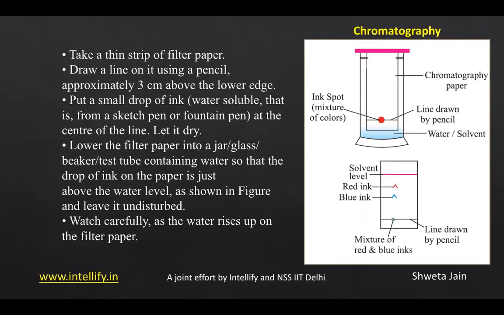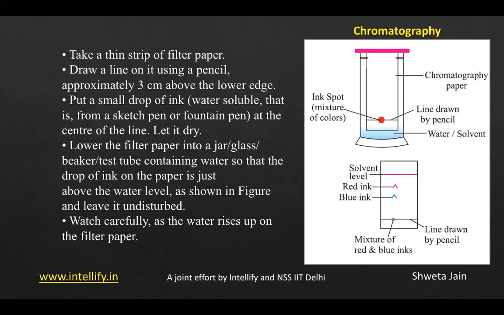We will leave it undisturbed like this for some time, and we can see that the water level starts rising on the filter paper. As the water rises on the filter paper and crosses the ink, it will start taking the ink along with it. Based on the solubility of the components of the ink, we will find different spots.